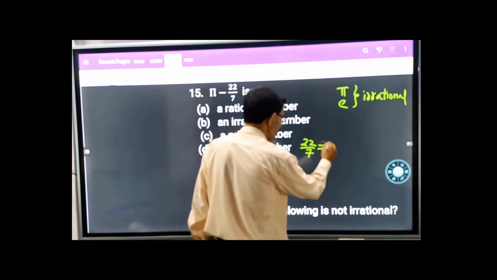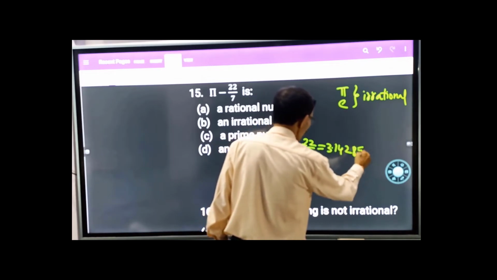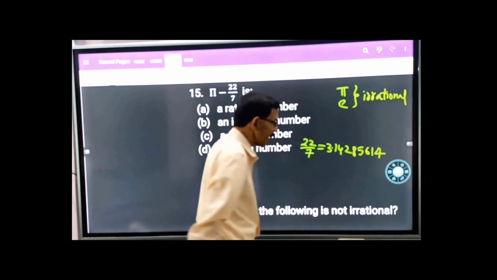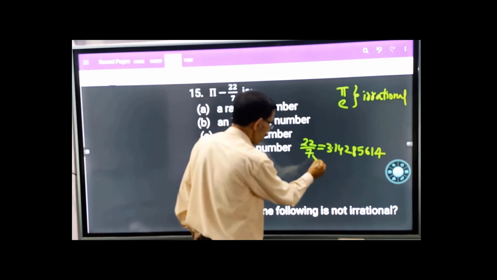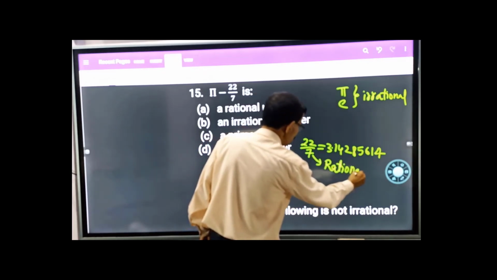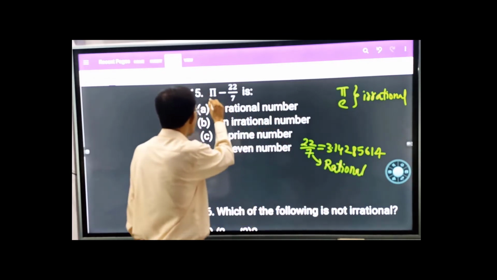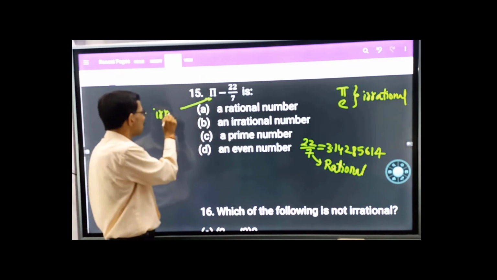So this works out as 3.14285614 and it is ending over there. So this becomes rational number. This is a rational number, whereas pi is irrational number.